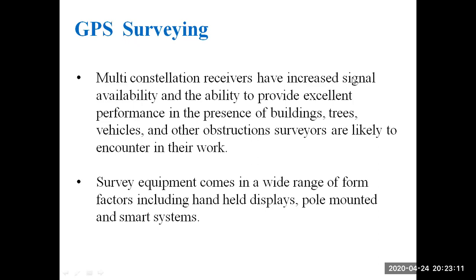Multi-constellation receivers have increased the signal availability and the ability to provide excellent performance in the presence of buildings, trees, vehicles, and other obstructions surveyors are likely to encounter in their work. So here we use multi-constellations. A constellation is a group of satellites, and by using multiple constellations, the satellites will cover the entire coverage of that particular area.